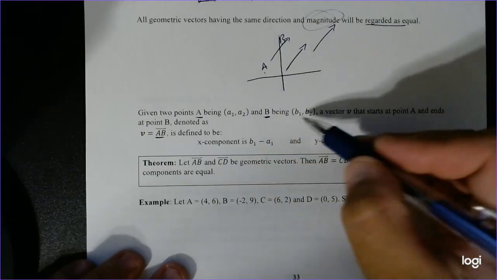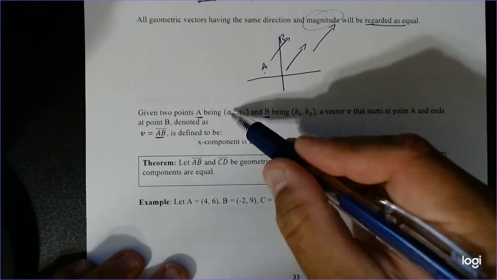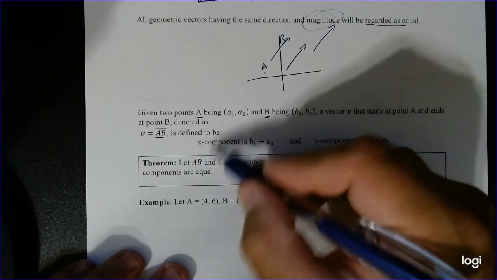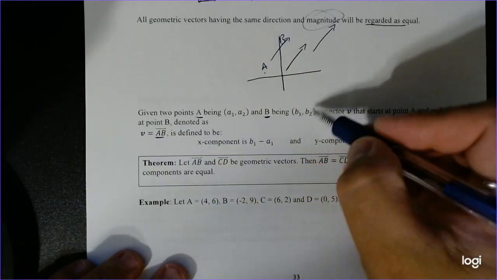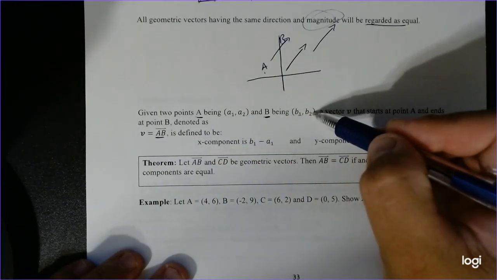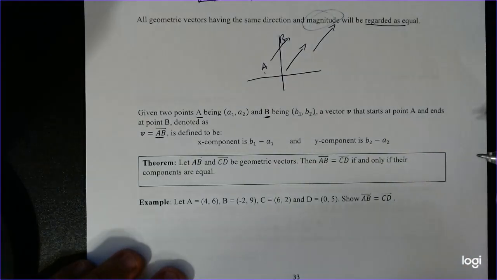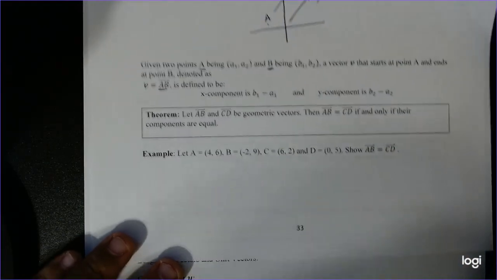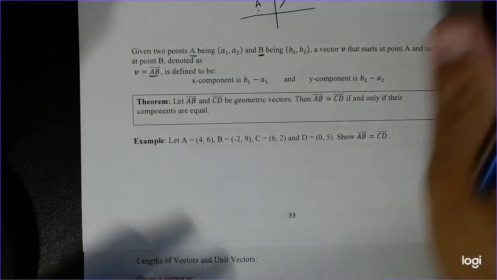So if B is (B1, B2) and A is (A1, A2), the vector V will have an x component of B1 minus A1, and a y component of B2 minus A2. Again, a little review of multivariable.